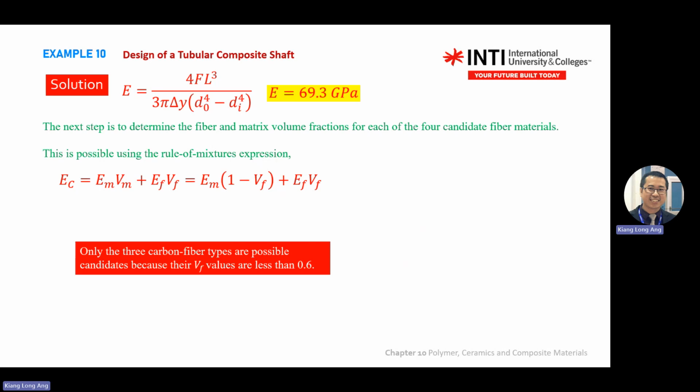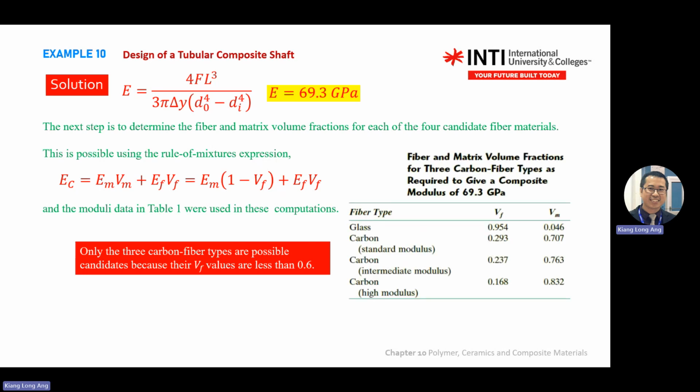Once you find the volume fraction, you can do 1 minus that. So you use the data in the table, you compute the 4 combinations. You compute this one and the resin, this one and the resin, this one and the resin, this one and the resin, and you're given the VF and VM.